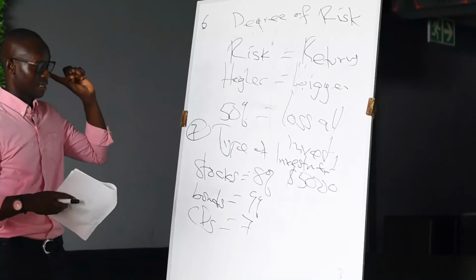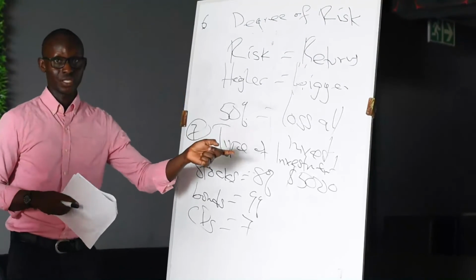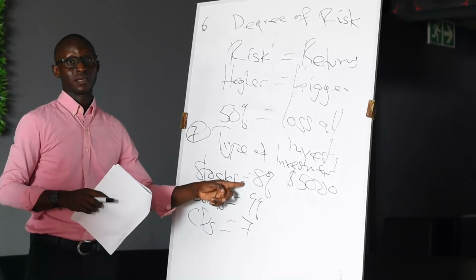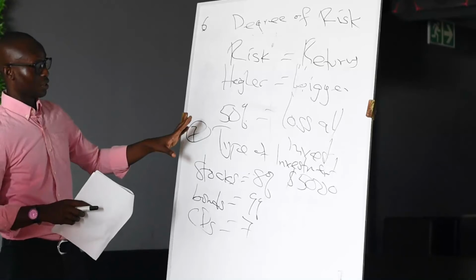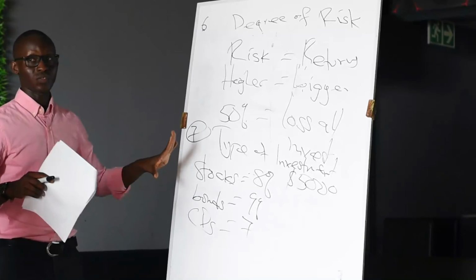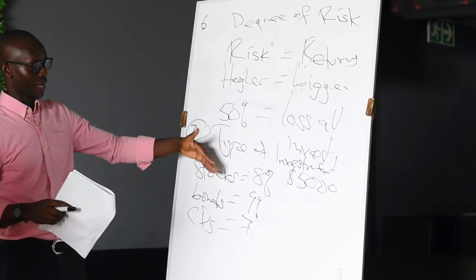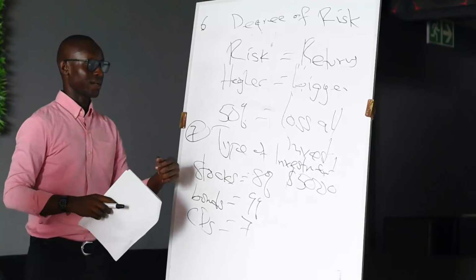What it means is that if you want to go into investment, it's good for you to search and research to know where you can get the best interest rate or the product that will give you the best interest rate. Every investment has its own interest rate, so you have to do your research to know where you can get better returns.